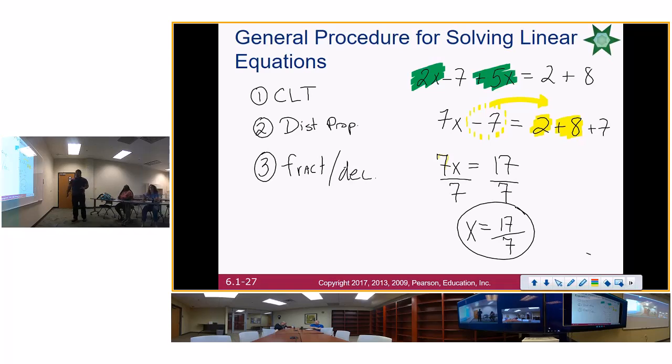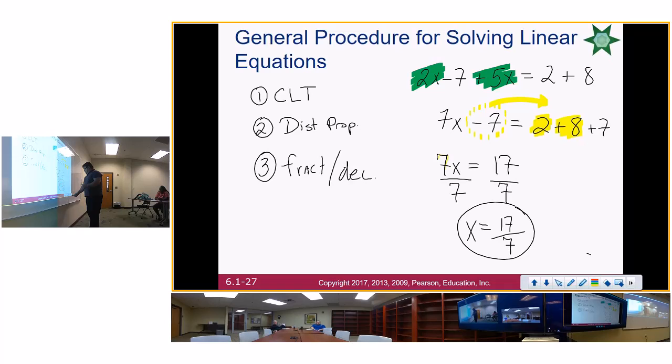Capiche? Now, these are just 3 types. Can I mix these 3 types up and have 4 and 5? Yes. But you got to be able to understand these 3 before you can do 4 and 5. So let's delete this.